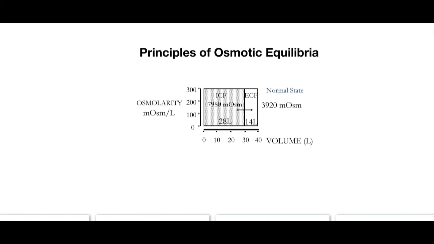Okay? So if you actually calculated these, what value would you get for the osmolarity of the extracellular fluid? Somebody want to tell me, or at least how you calculate it? How would you calculate the osmolarity of the ECF based on these numbers?